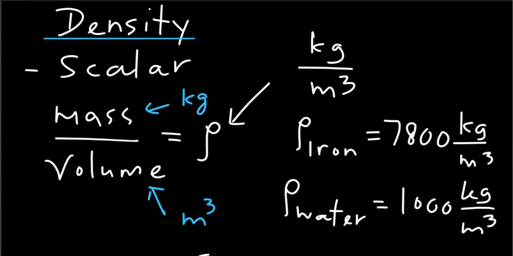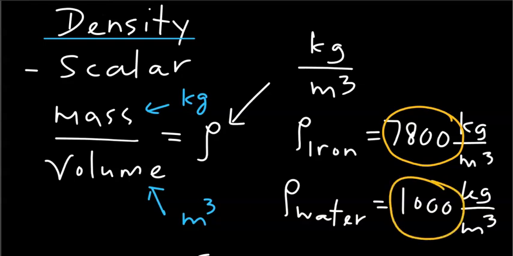Another important piece of information that we can derive from the value of density of a material is how much mass of a material can be contained in 1 cubic meter volume of the material. So in this case, 1 cubic meter of iron has a mass of 7,800 kg, or 1 cubic meter of water has a mass of 1,000 kg.